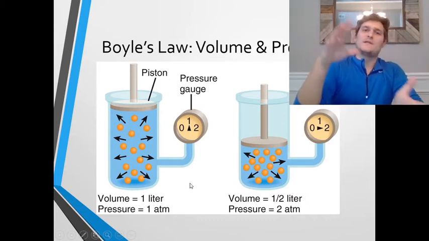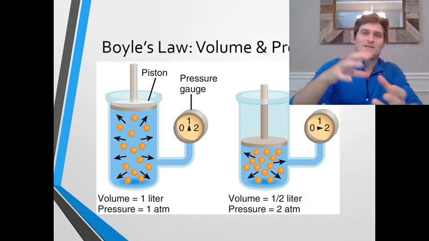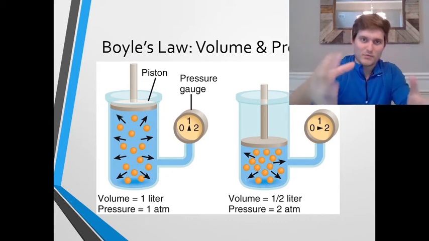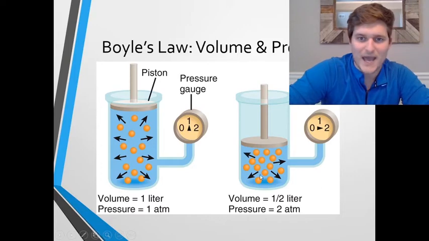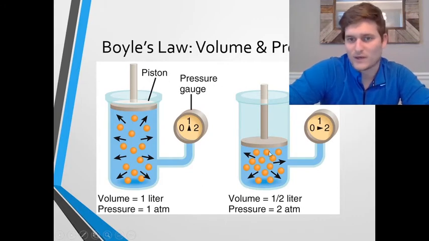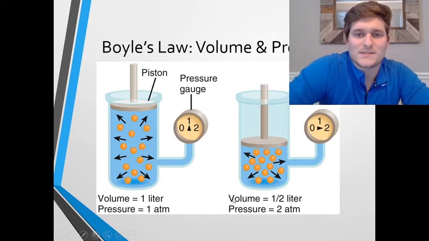If you decrease the volume of this container, well, then pressure is going to build up, because this is the same amount of gas within this container, but now it has less space, less volume to travel around. So you get more collisions of particles, and this is going to build up pressure on the inside.